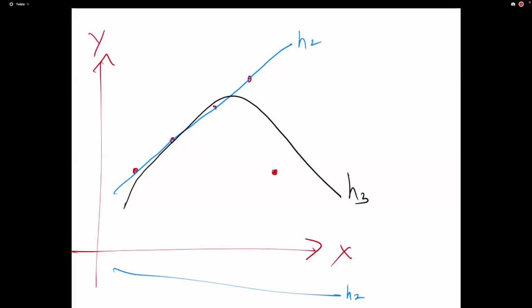Maybe nature could have picked the same x's, but had H2 been the true hypothesis, you would have seen these y's. So those red points are extremely unlikely to be in the data set, right? You'd have needed a lot of noise for these black circles to become the red points.